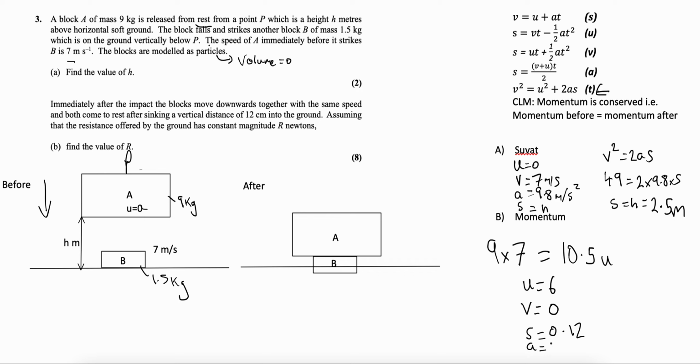So we're using the same formula again. So now 0 squared equals 6 squared plus, so it would be minus 2a times 0.12, which will give you an a value of 150, which is really big.